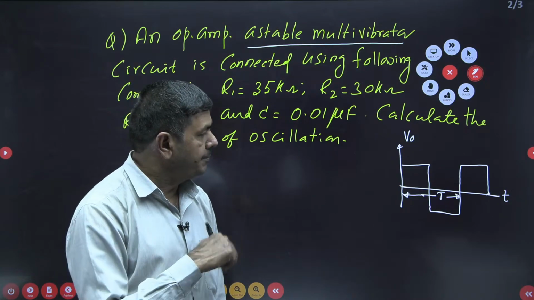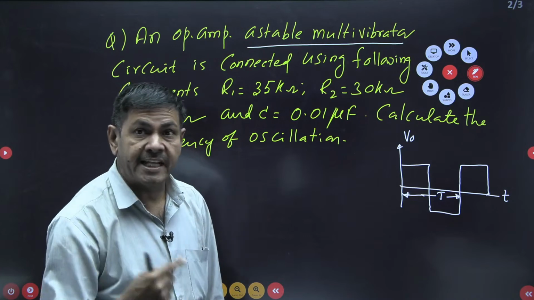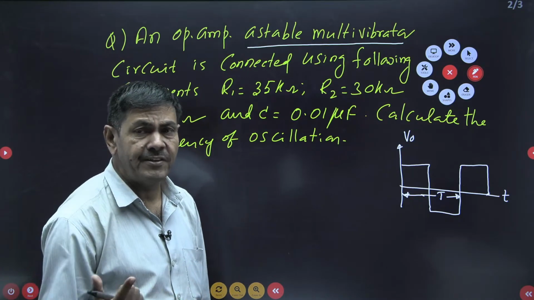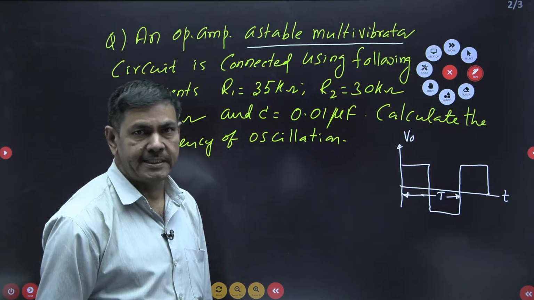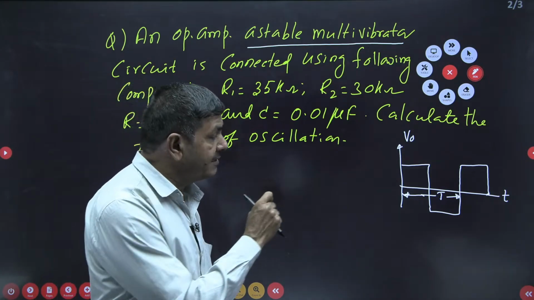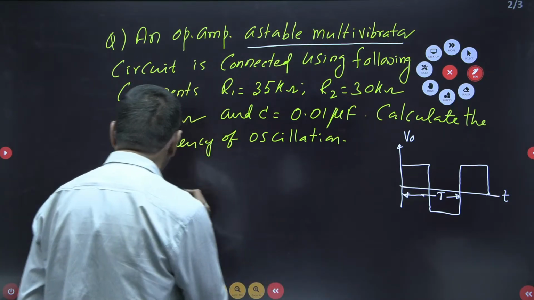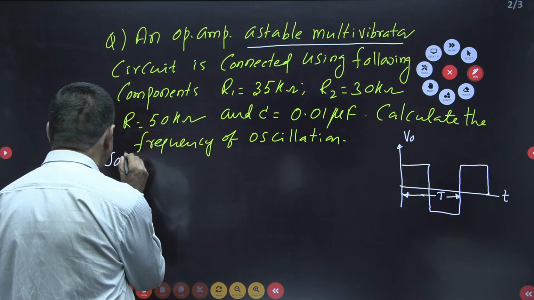Once we know the time period, the frequency can be calculated. The frequency equals 1 by T. How can we determine it? The time period is more important. That is calculated by this formula.